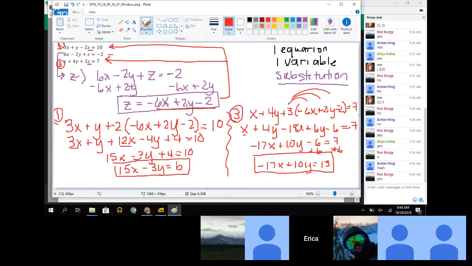I might not like how I'm going to have to solve it, but I do know how to solve that. All right. So anybody have any idea how we're going to solve? Now we went from 3 equations with 3 variables to 2 equations with 2 variables. Do you have any idea how I'm going to solve it now?